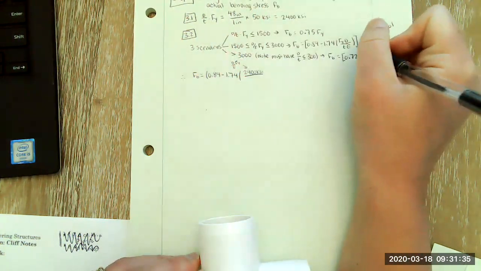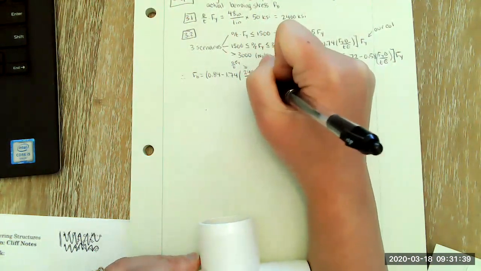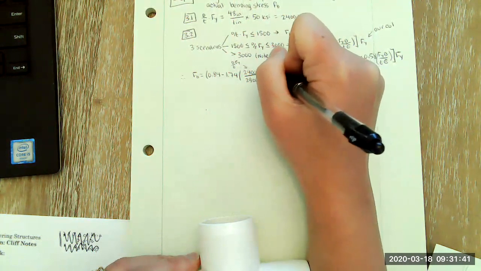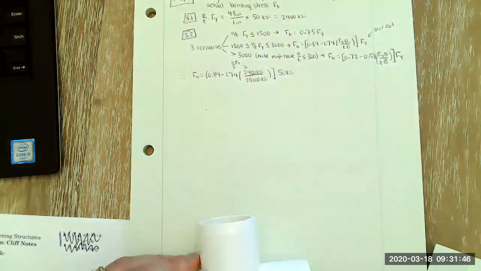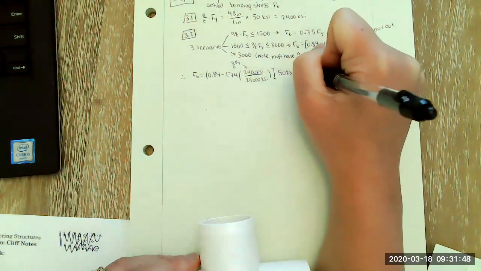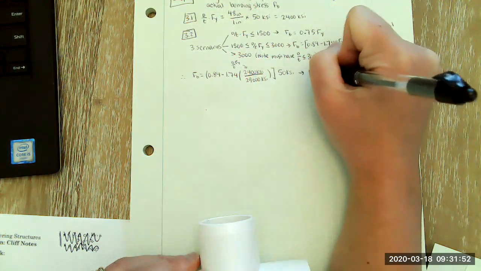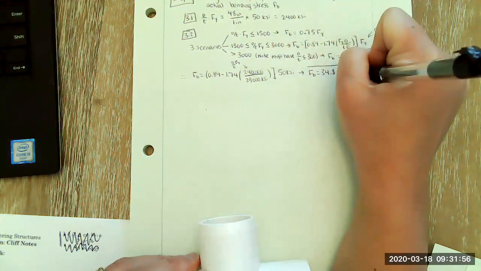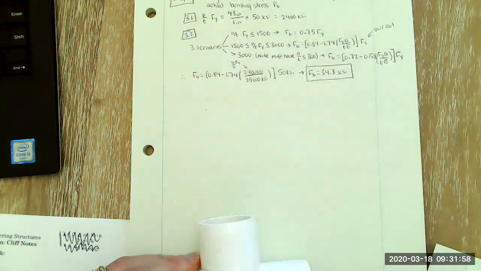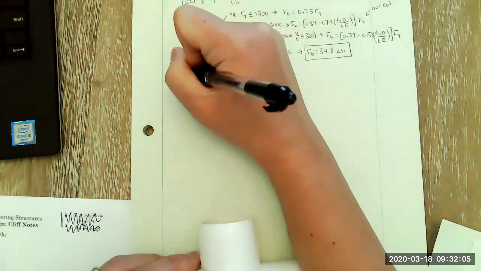And then we need to divide this value by E, so divided by 29,000 KSI times 50 KSI, our yield strength. So we have an allowable bending stress equal to 34.8 KSI. Okay, so that's that step.